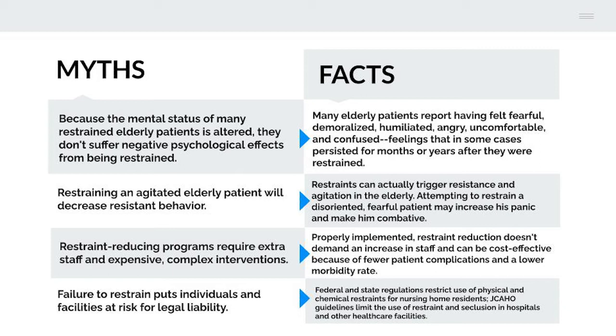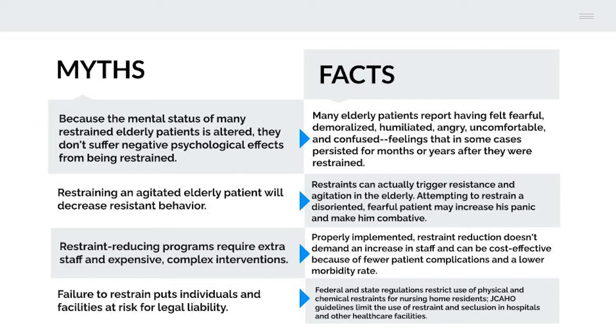It used to be thought that restraint-reducing programs require extra staff and that they're expensive and there's all these complex interventions. But the fact is, when they are properly implemented, restraint reduction doesn't demand an increase in staff and can actually be cost effective because of fewer patient complications and a lower morbidity rate.